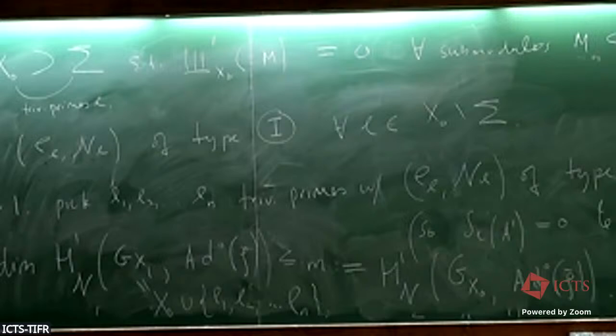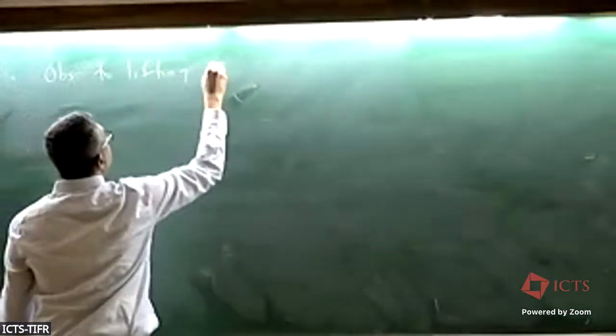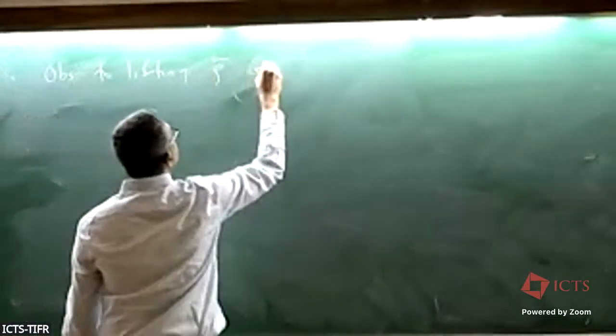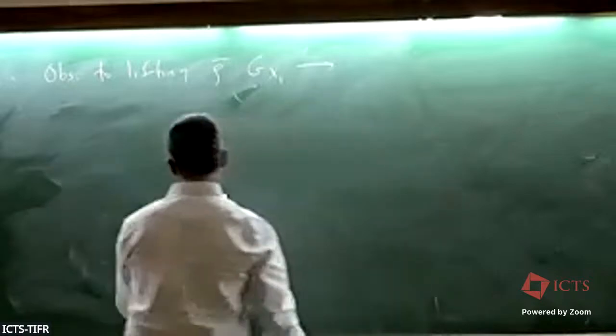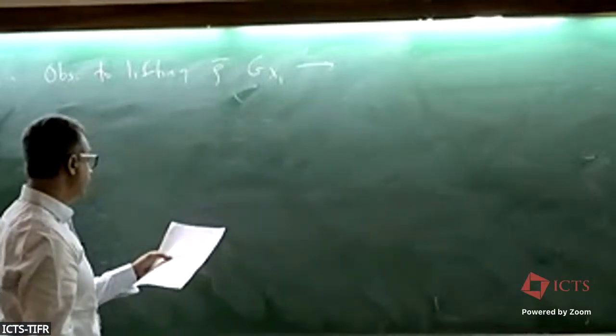So step 2 is easy. So the obstruction to lifting rho bar from G_X1, right? Think of rho bar now as a representation with domain the Galois group with possible ramification at X1.